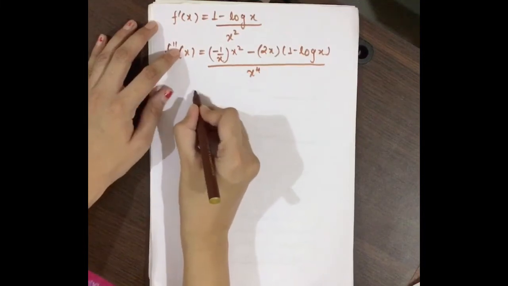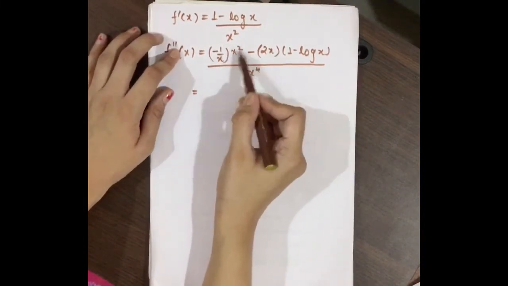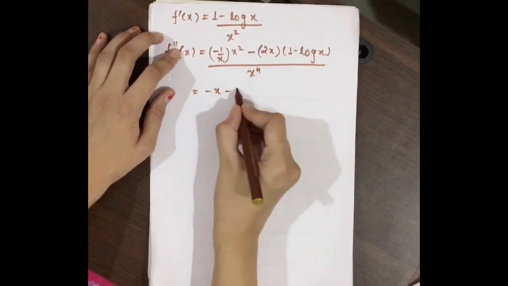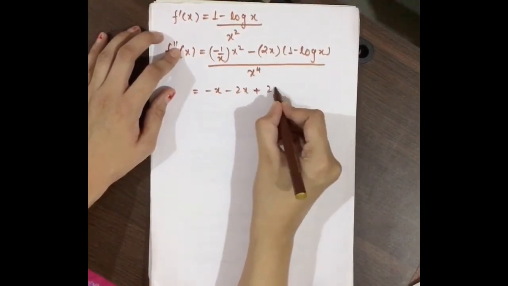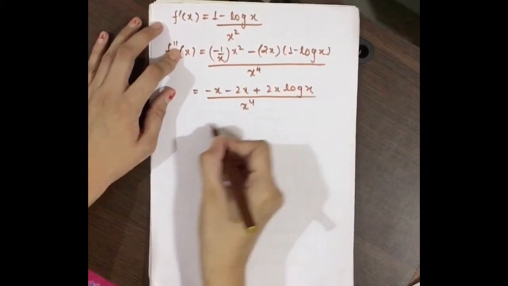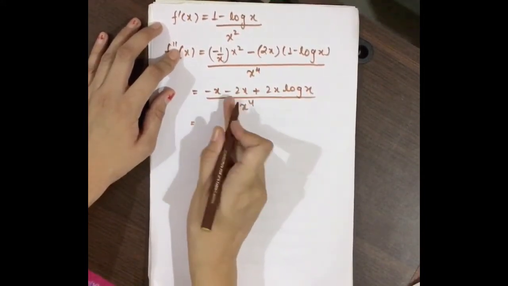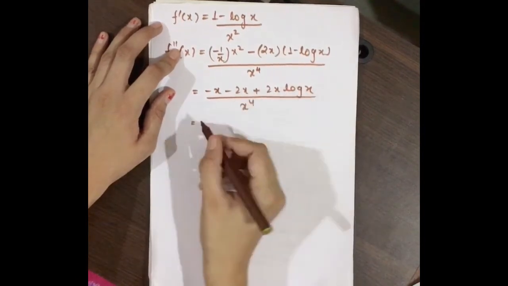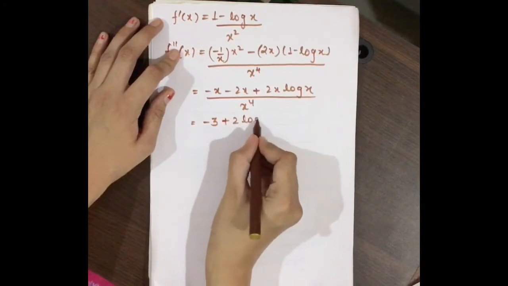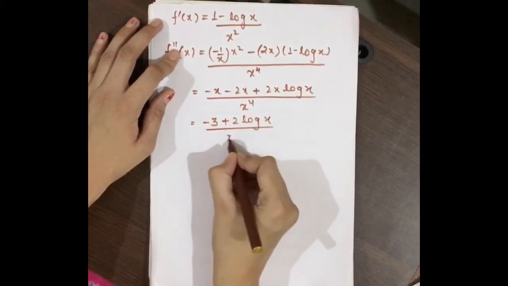Now let's simplify it further. So minus x minus 2x plus 2x log x upon x to the power 4. Now we will cancel 1x from numerator and denominator, so we get minus 3 plus 2 log x upon x cube.